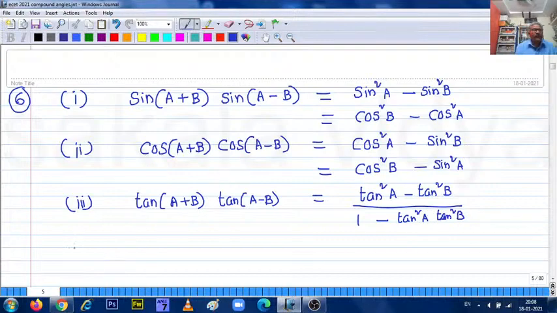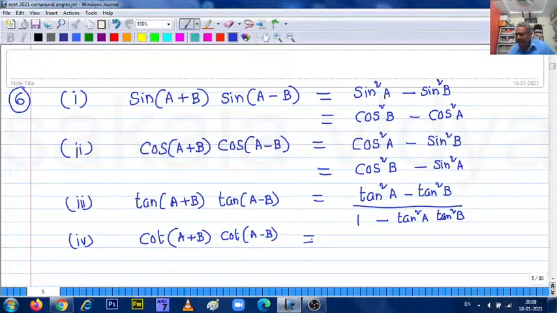Okay, now the fourth formula. Cot of A plus B into cot of A minus B. You expect, what do you get? Very good, Nana.